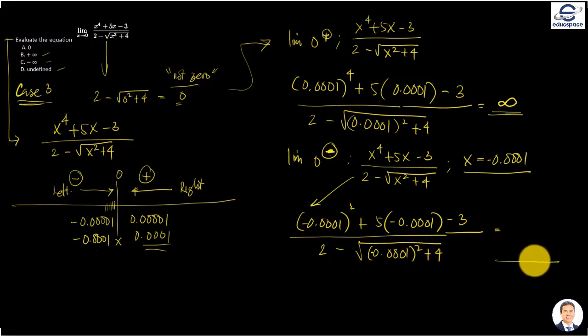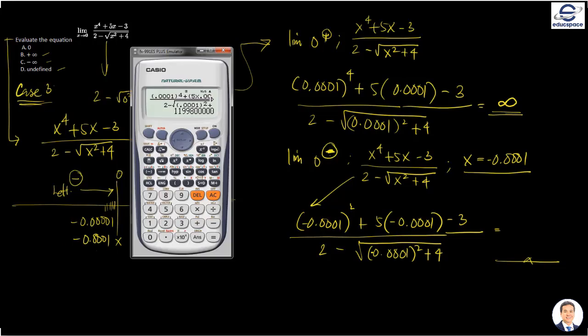So what is the answer? Again, if we find that the two limits have the same value, then that is the answer. Alright, so negative 0.0001 squared plus 5 multiplied by negative 0.0001 minus 3, and then 2 minus the square root of negative 0.0001 squared plus 4, equals.